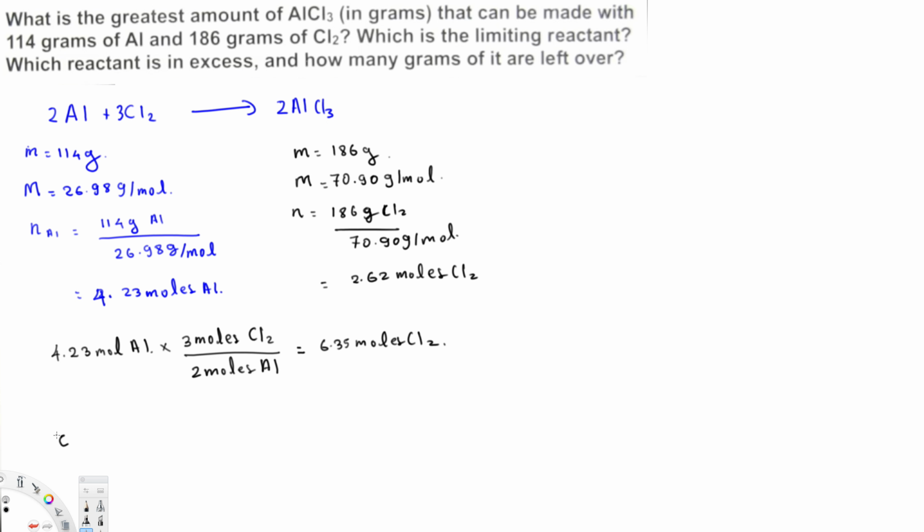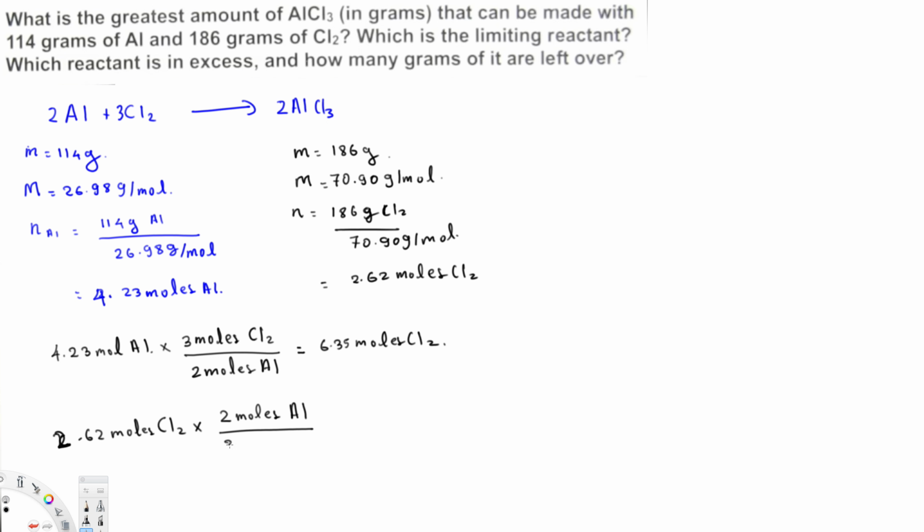Secondly, we have 2.62 moles of Cl2, and we are trying to figure out how many moles of aluminium are required to finish the Cl2. To find that one, I take the aluminium ratio right here, it's 2. So it's 2 moles of aluminium divided by 3 moles of chlorine.